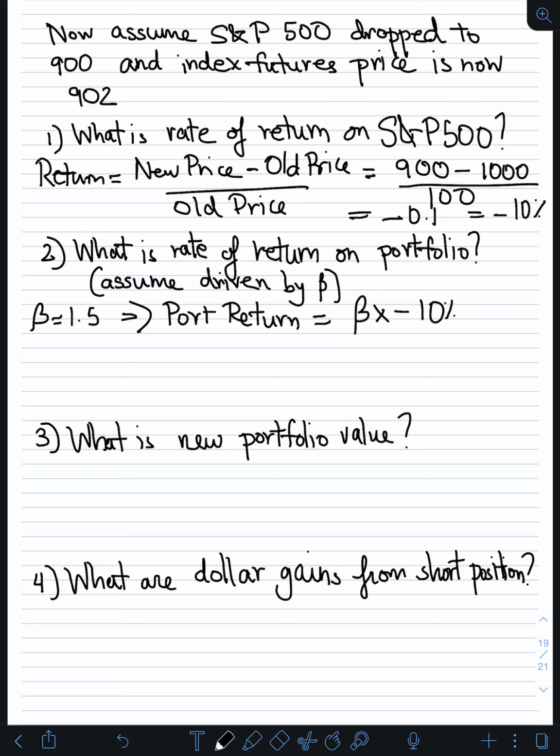If we do that, 1.5 times minus 10% equals minus 15%.